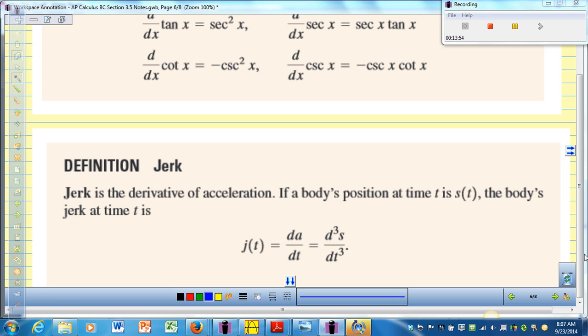So we'll denote it: if a body's position at time t is s of t, the body's jerk at time t is denoted j of t, which is the derivative of acceleration, or the third derivative of position with respect to time. Okay, so get that down.